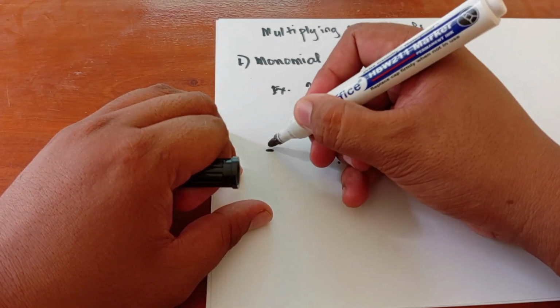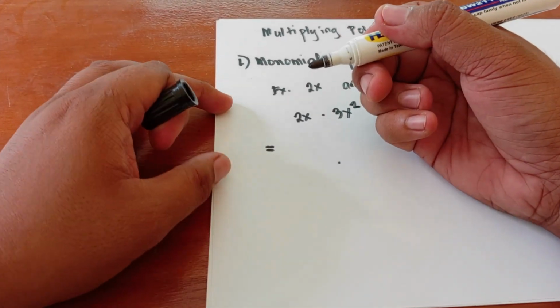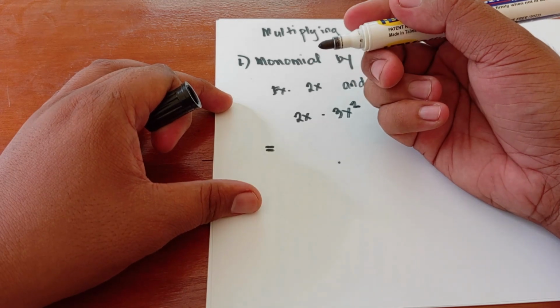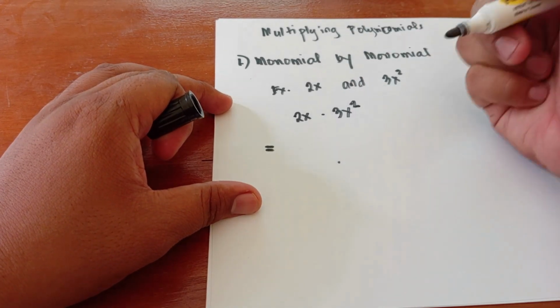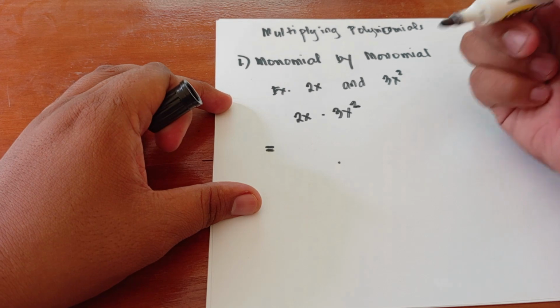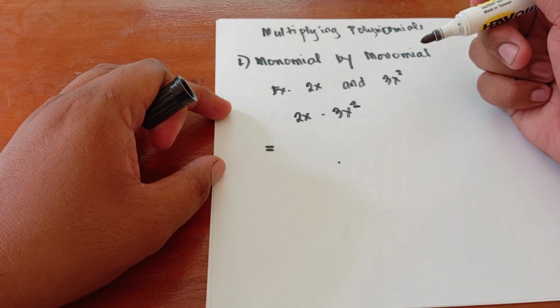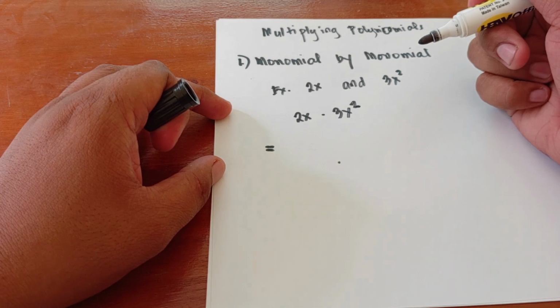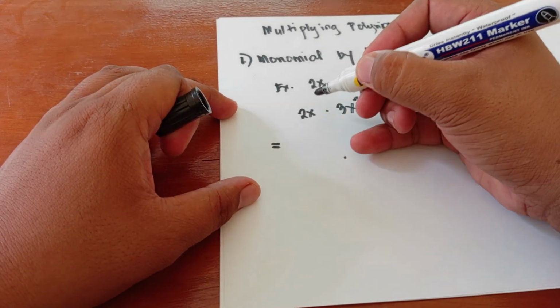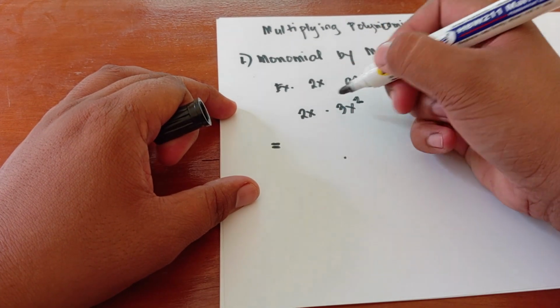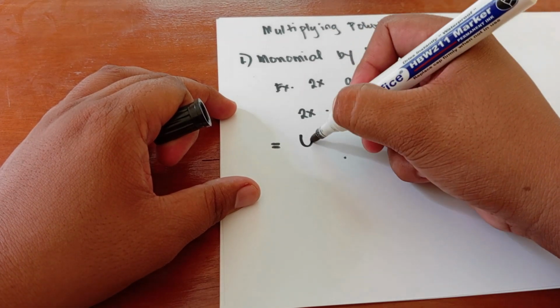Following the steps in multiplying polynomials, the product must be the product of the coefficients and the product of the variables. So we multiply the coefficients. We have 2 times 3 is equal to 6.